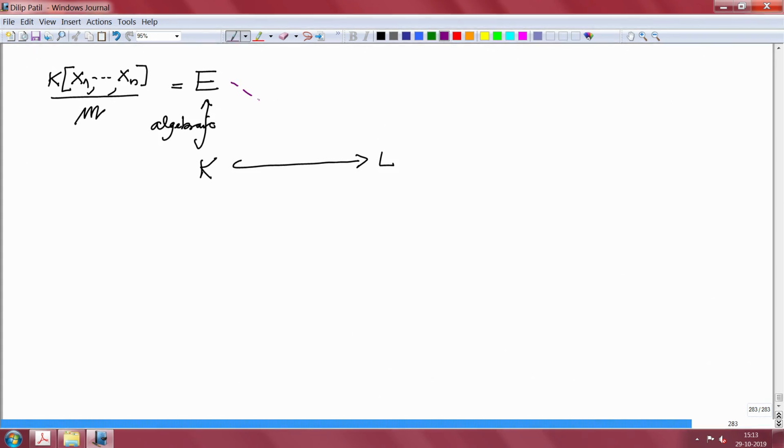and then we have extended this phi to L. This we called phi. So therefore phi of this, let me also denote the elements here, small x1 to small xn.